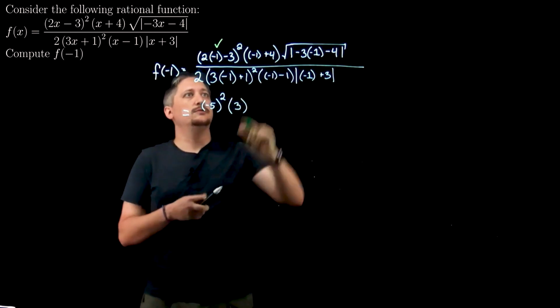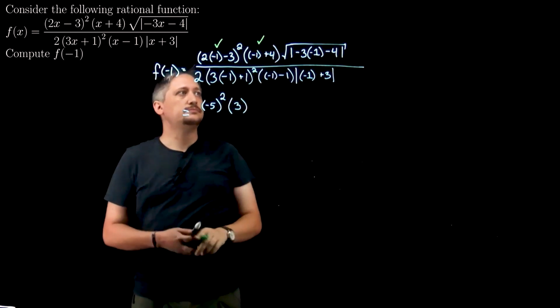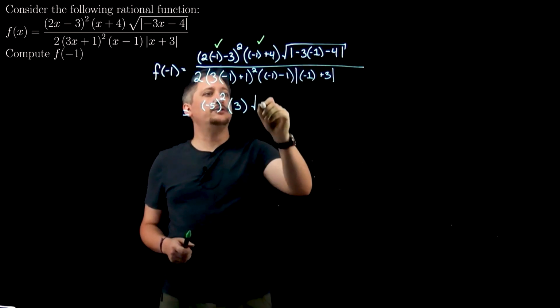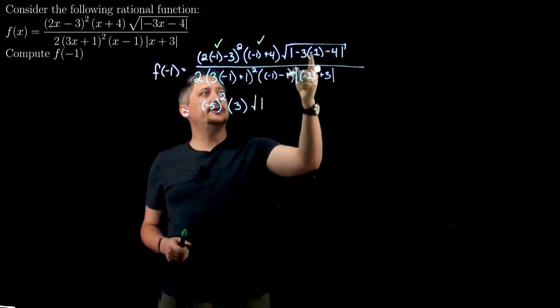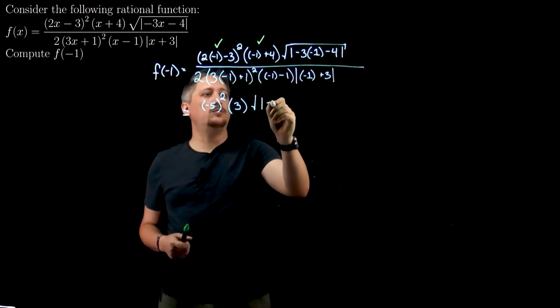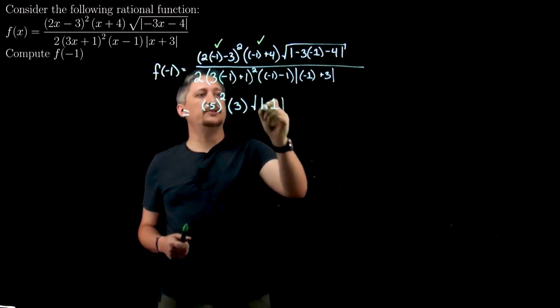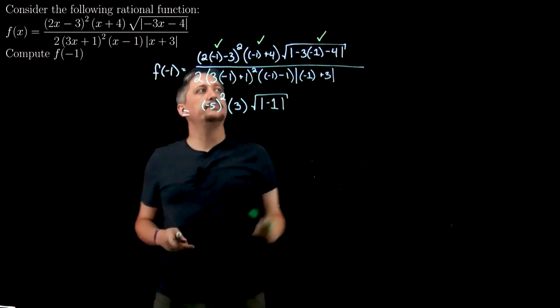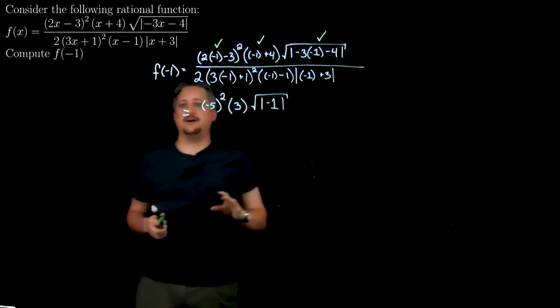That's this term. And then here I have square root of absolute value of negative 3 times negative 1. So that's 3 minus 4 is negative 1. Close absolute value. That was that part. So I've got my top done.